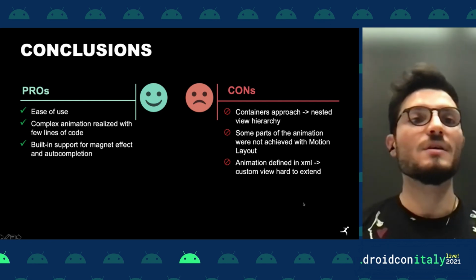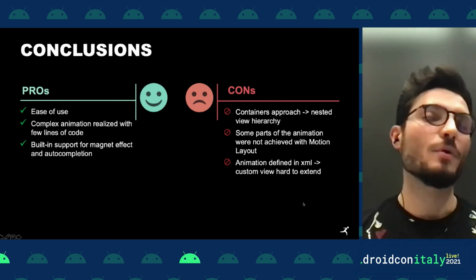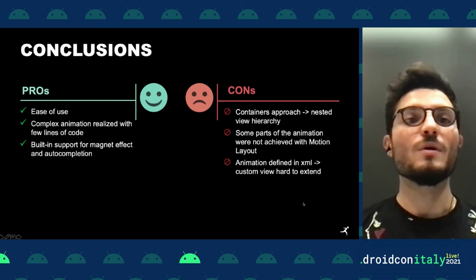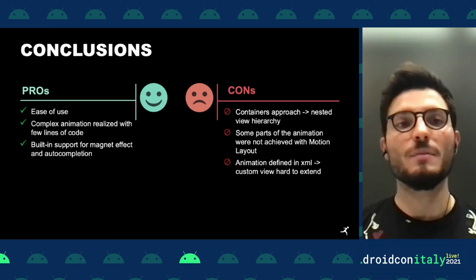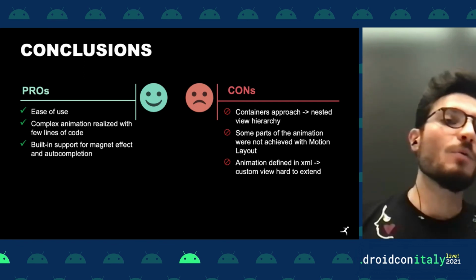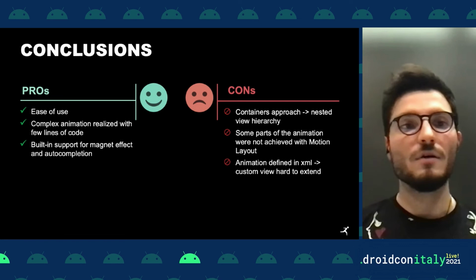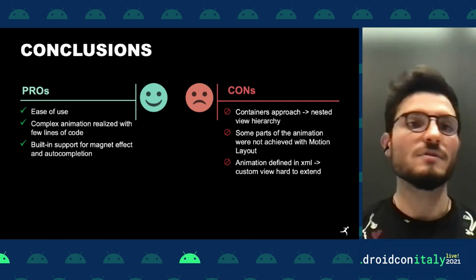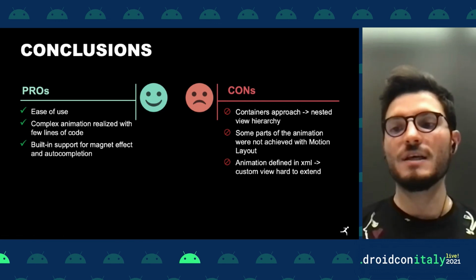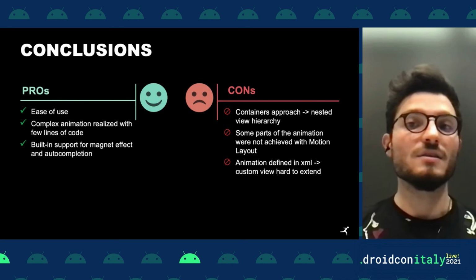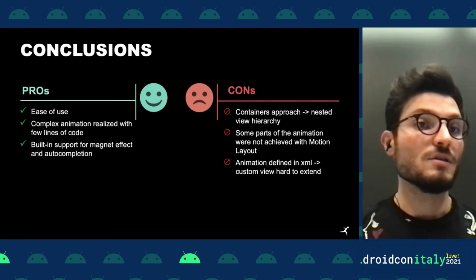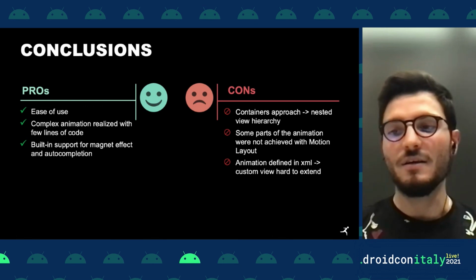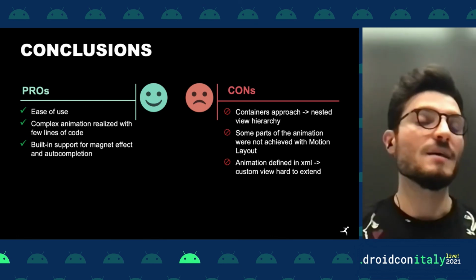Another pro of the view was that a complex animation was realized with a very small amount of lines of code. Our custom view is about 400 lines of code. Most of them are setters and getters for some public properties, and the code for the animation is very small, mostly done in the motion scene XML.